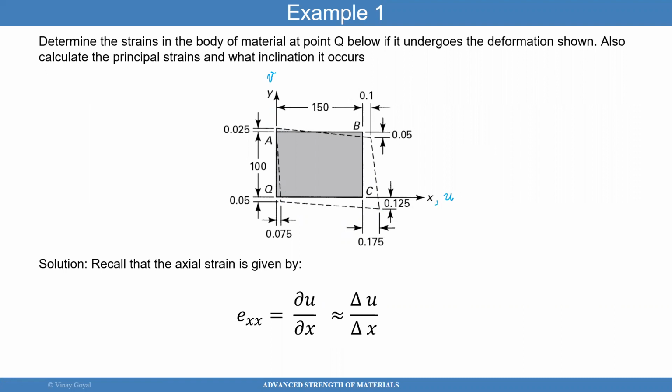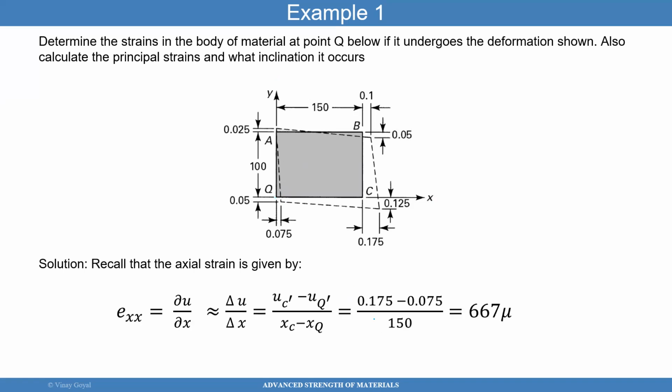And this strain here, epsilon xx, is measuring the relative change in deflection in this direction. But recall that we're calculating the strains about Q in this example. So what do I need to do? I need to figure out how to calculate delta U. I know the original length, delta X.